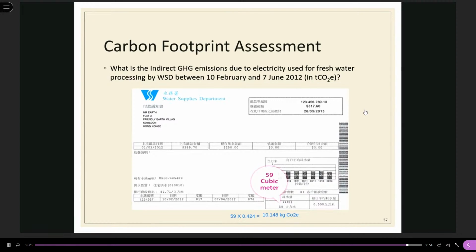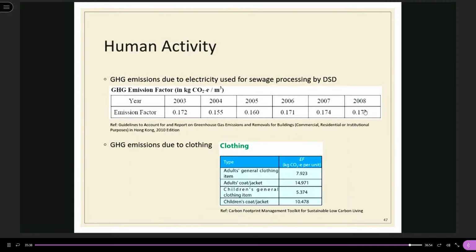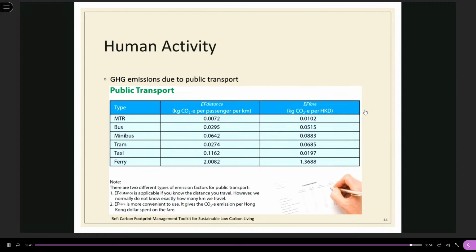Okay, from your energy bill, the electricity bill, the town gas bill, the water consumption, you may also estimate from how many clothes you buy, or from what kind of public transport you take, so you can do your personal carbon footprint assessment.